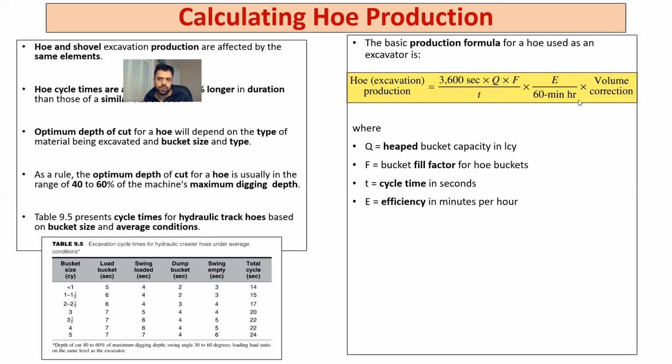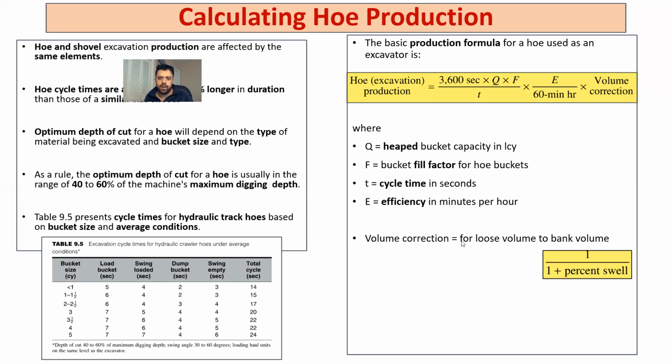And if you need to change loose cubic yard to bank cubic yard or vice versa, there is a volume correction. If you need to convert loose to bank, you will use this. The percent of swell is here.